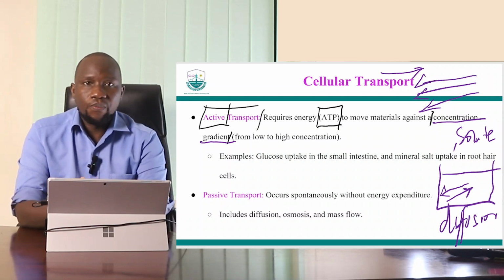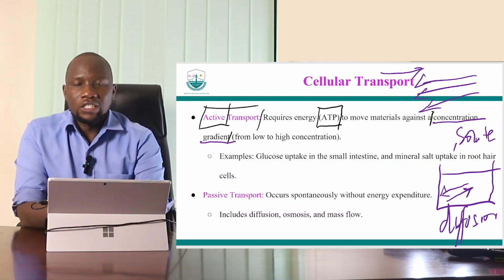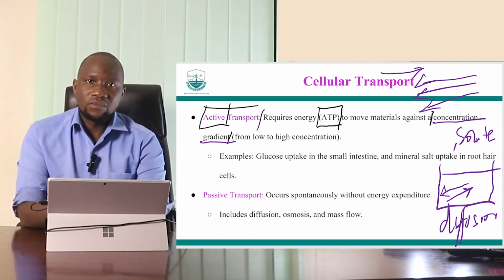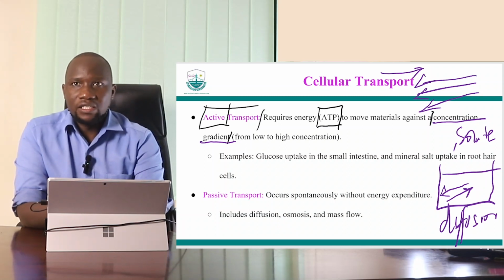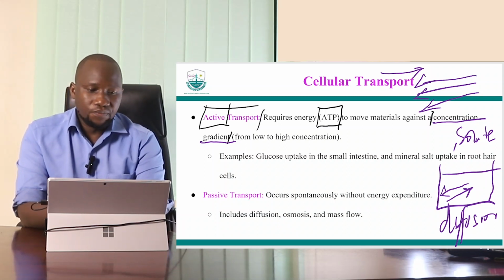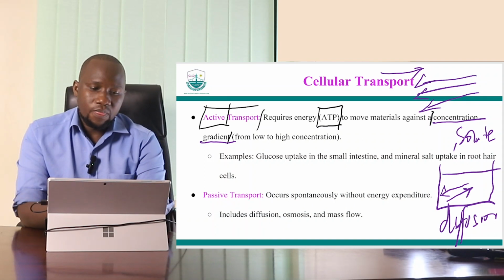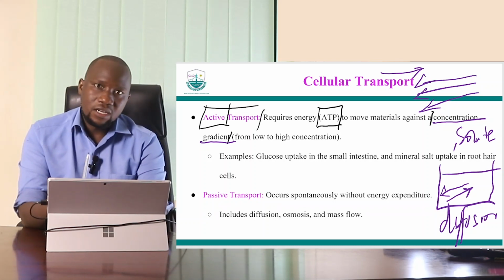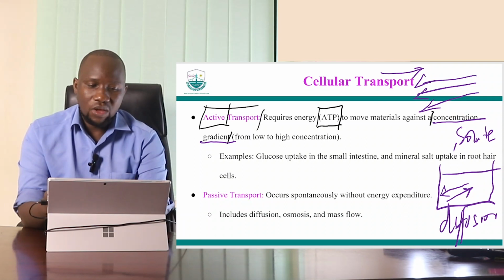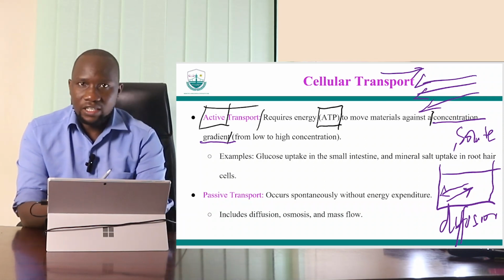So that is what we call active transport, which is the movement of particles or materials against the concentration gradient with the expenditure of energy in the form of ATP. Okay, so examples of material that require transportation through active transport: we have the uptake of glucose in the intestines.